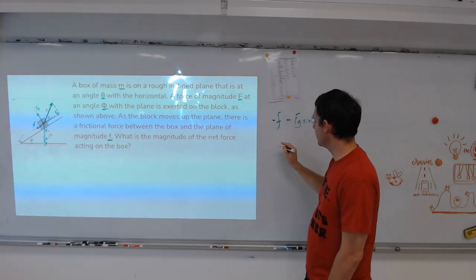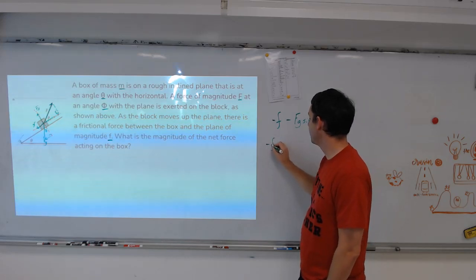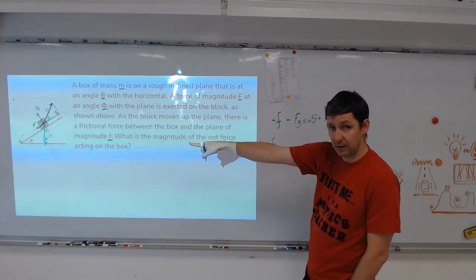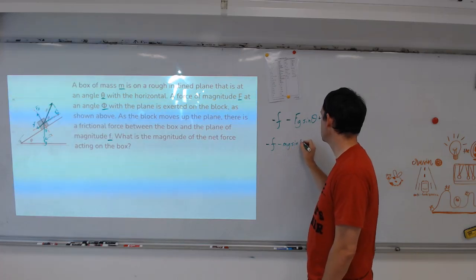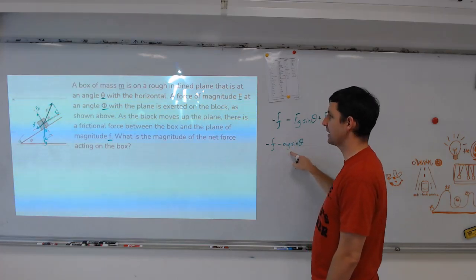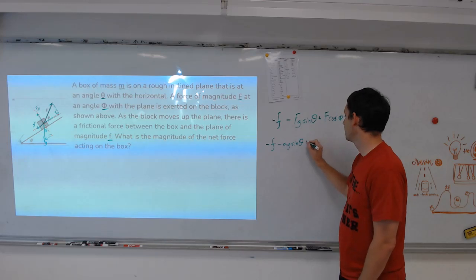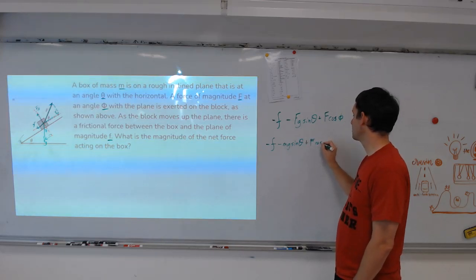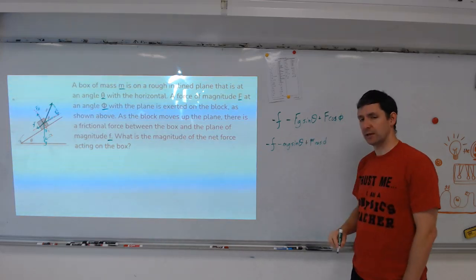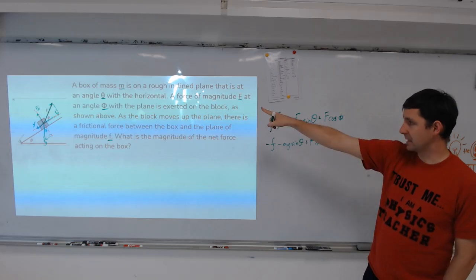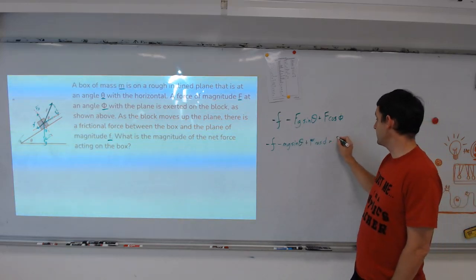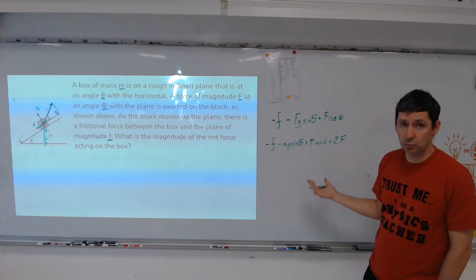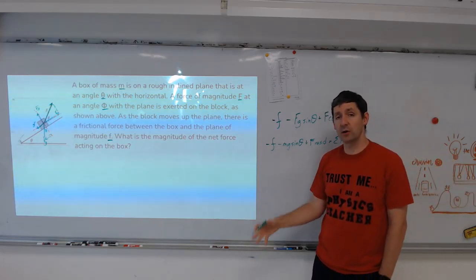So all that I'll be left with here will be negative F, which is allowed, that's given in the question, minus mg sine theta, m is allowed, g is allowed, theta is allowed, plus F cosine phi, just like that. You'll notice F is there, and so is that. And therefore, that is the sum of the forces. That answers the question. We don't have to do anything else, no more solving, no rearranging.